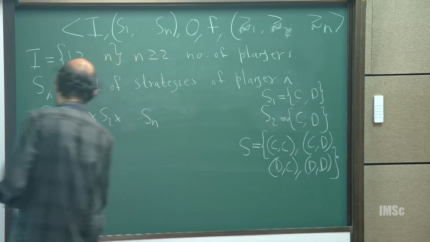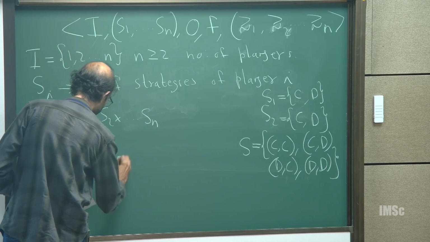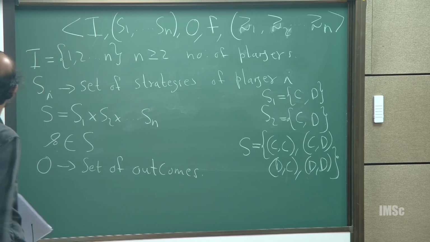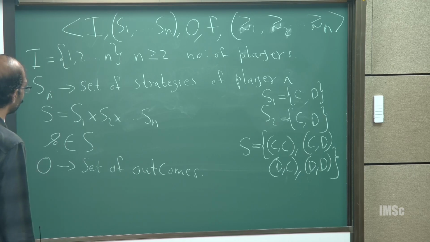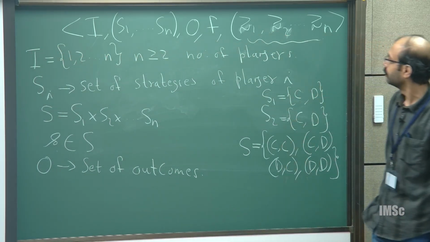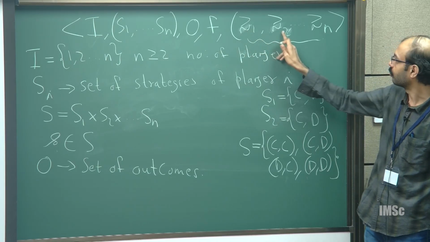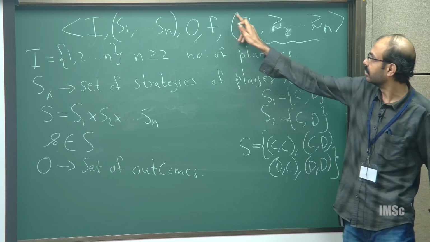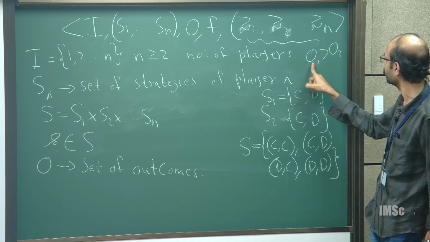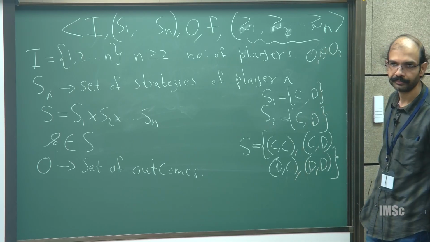O is the set of outcomes. So in this case, there are 4 outcomes: O1, O2, O3, O4. That's a set. And this sign basically represents, for player 1, the preference structure over the outcomes, and for player 2, what the preference structure is. If O1 is greater than O2, it basically means that preference is given to O1, and this sign means that they are equivalent.